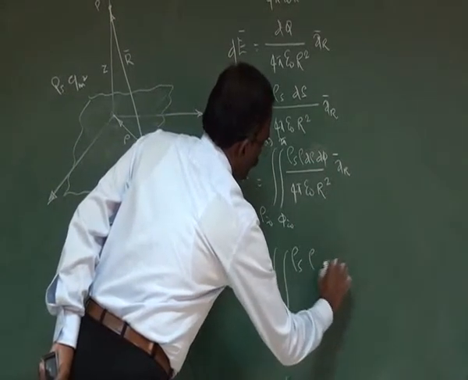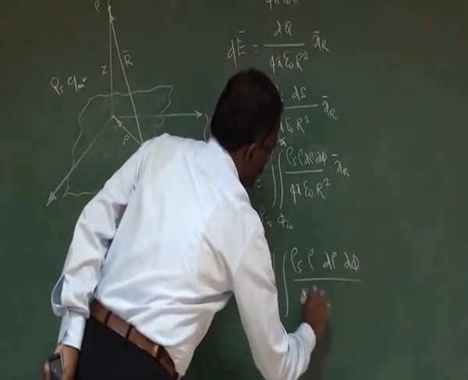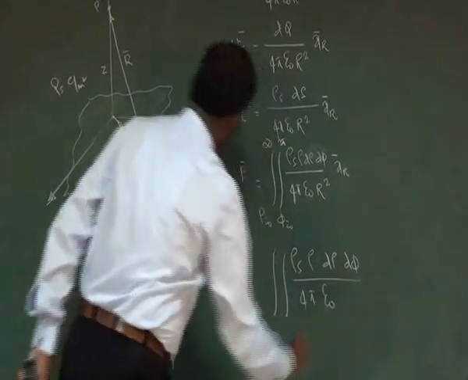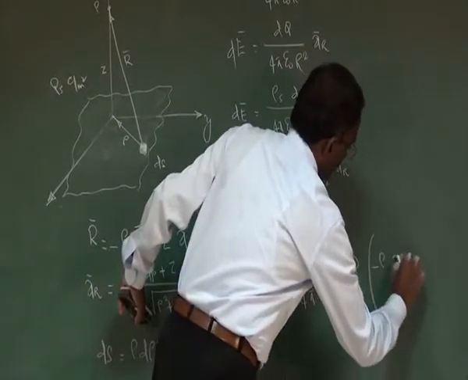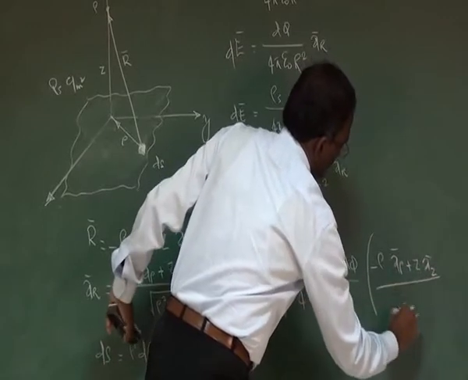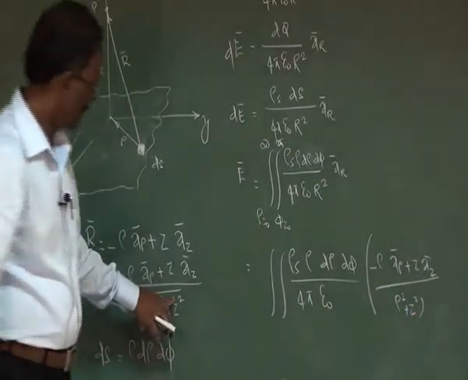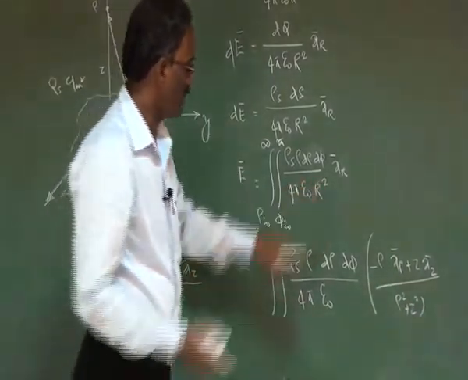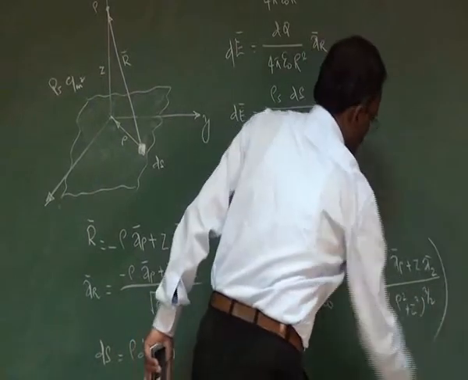Rho s rho d rho d phi divided by 4 pi epsilon O, minus rho a rho plus Z a Z divided by rho square plus Z square, power of r square 1 power, so straight away I am using 3 by 2 as power.